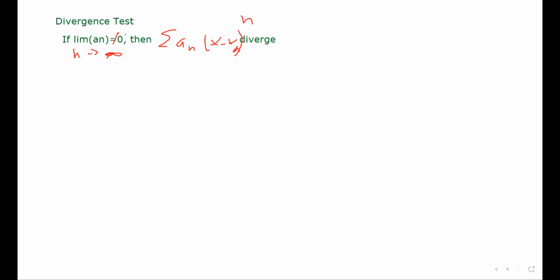Which makes sense that we need this part here to get really, really small in order for any of this to converge. If it's big, we're going to add up big numbers. But as we're adding to infinity, we need tiny little numbers added. So if this goes to a certain value, we'll be adding up a certain amount an infinite number of times. So therefore, it will go to infinity.